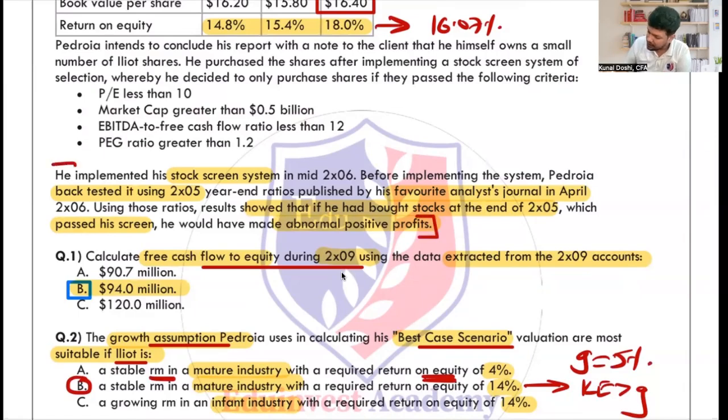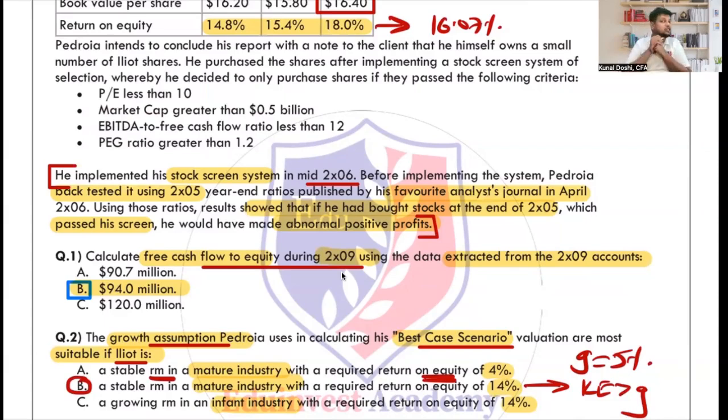Now, guys, what is the problem? Whenever you do backtesting, it has problems. What are the problems? Here, he's using a stock screen system, tested in the year and published by his favorite analyst journal in April.